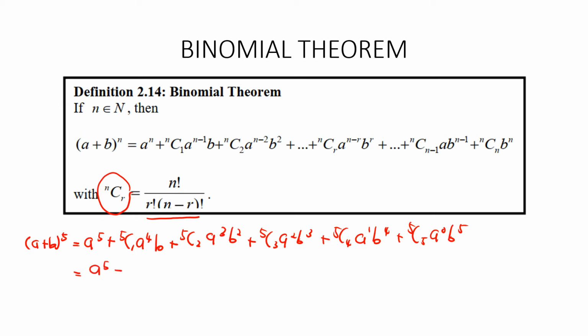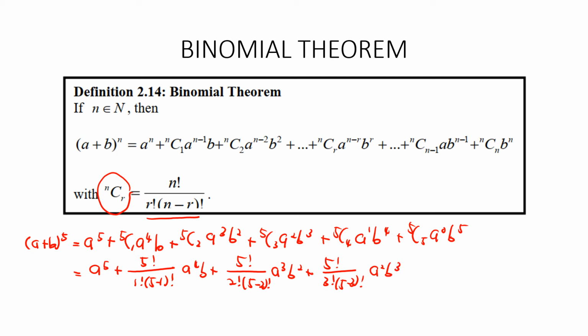So a power of 5 plus 5 factorial over 1 factorial times (5 minus 1) factorial a power of 4 b, plus 5 factorial over 2 factorial times (5 minus 2) factorial a cubed b squared, plus 5 factorial over 3 factorial times (5 minus 3) factorial a squared b cubed, plus 5 factorial over 4 factorial times (5 minus 4) factorial a b power of 4, and plus 5 factorial over 5 factorial times (5 minus 5) factorial b power of 5. a power of 0 is equal to 1.